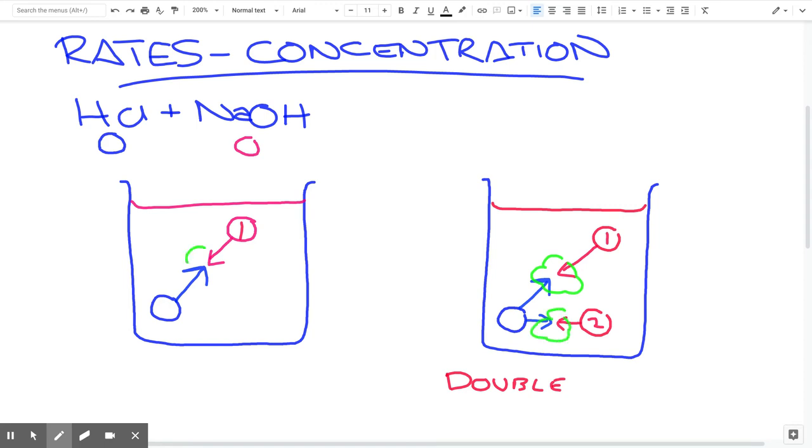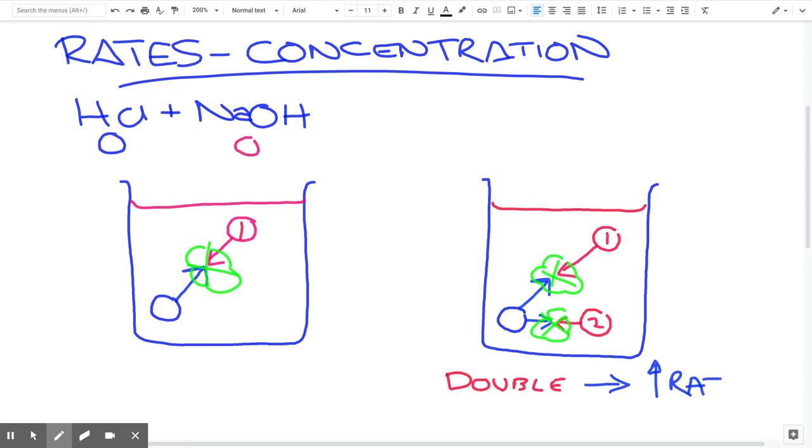And if we can increase the likelihood or the probability of a successful collision in a given period of time, so the number of collisions per second, then we can, by correlation of that, lead to an increase in the rate of reaction.